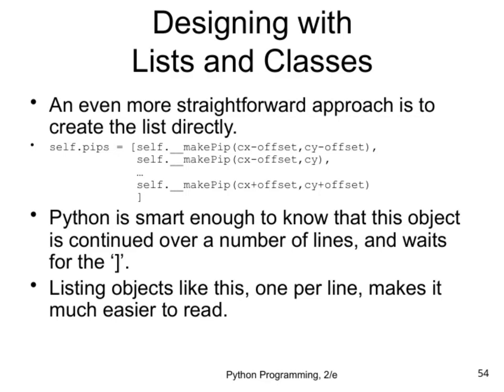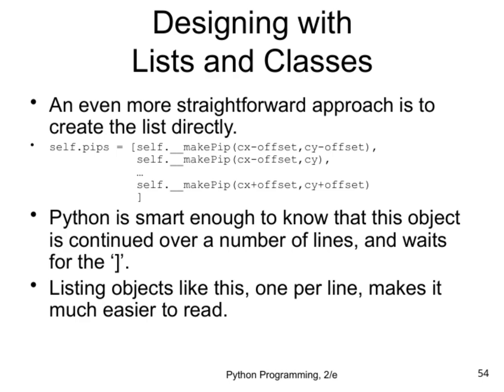Now, another straightforward approach is to create the list directly. Here, you can see that we assign to self.pips a list of objects, each created by calling the makePip method with specific coordinates. Notice how the list spans multiple lines, with each pip created on its own line. Python is smart enough to understand that this list continues over several lines, as long as we include the closing square bracket at the end.